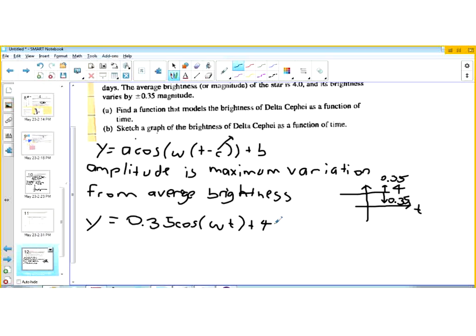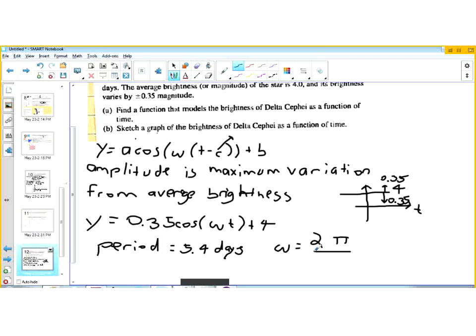So all we need to do is calculate what omega is. All right, so the period is 5.4 days. Okay, and so omega then is just 2 pi over your period.